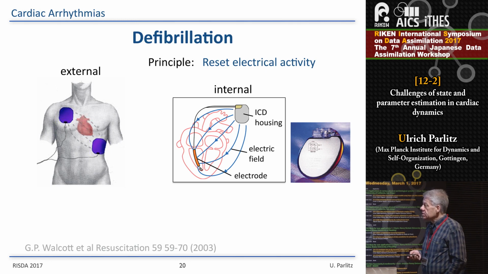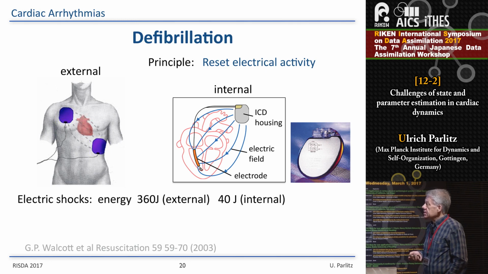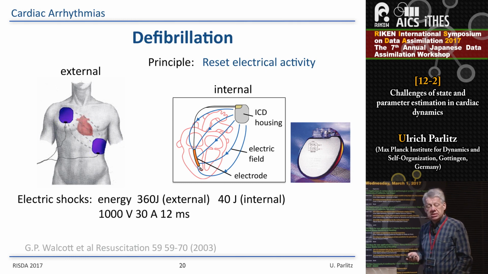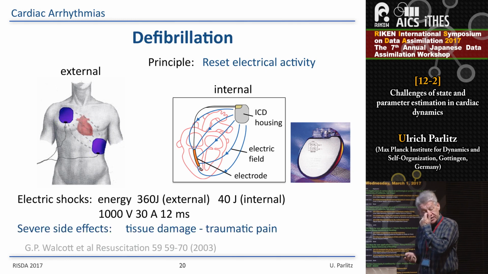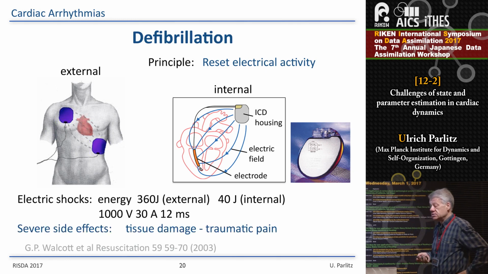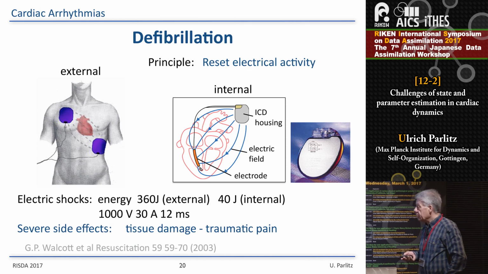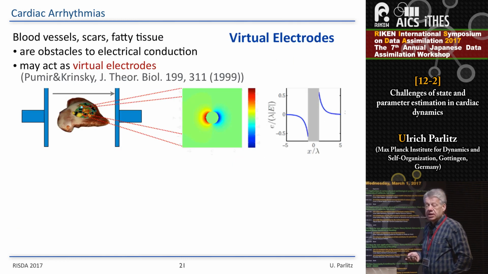And this works, fortunately, and there is the case of an implantable device for those people who are in danger of getting this. But the problem is the energy which is applied is pretty high, and therefore you have severe side effects like traumatic pain or also tissue damage. So people are now looking for other methods to use less energy to achieve the same goal, to terminate the arrhythmia.